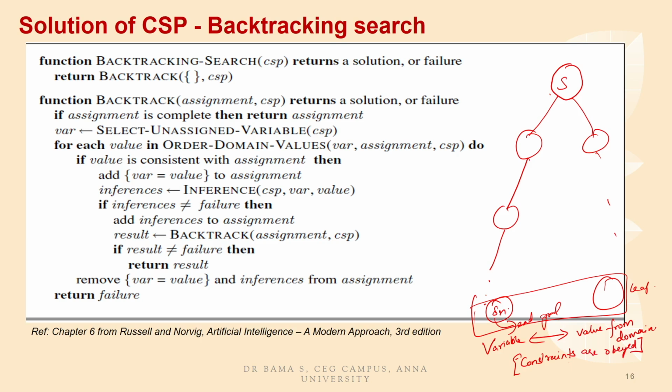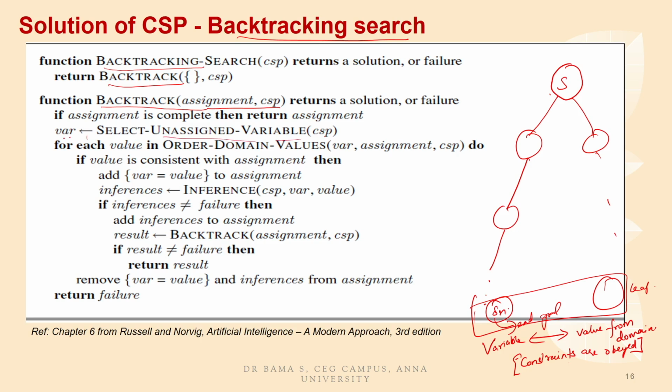Now, for this we are going to use the backtracking approach. If you look at this function, this is a recursive function. The backtracking approach starts with an initial assignment from the domain.